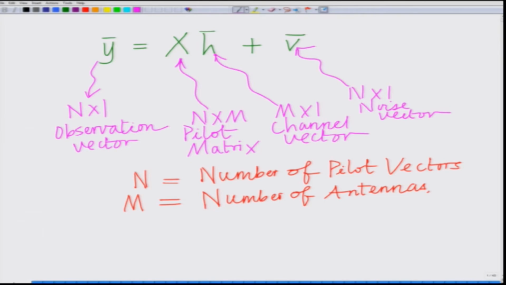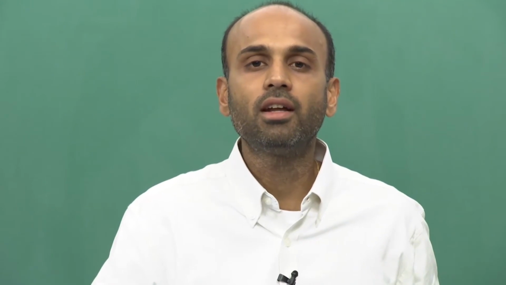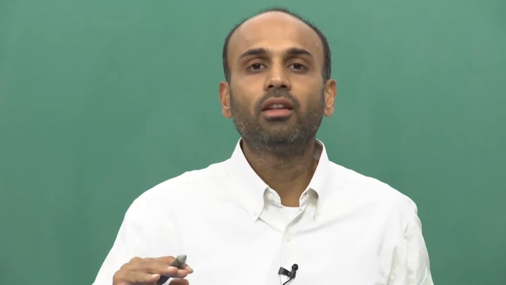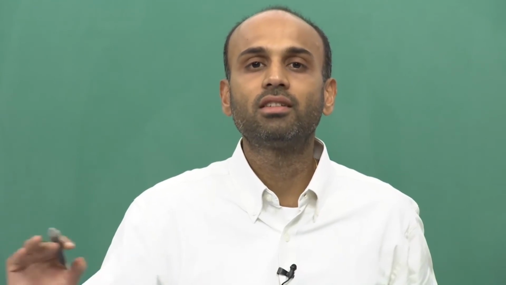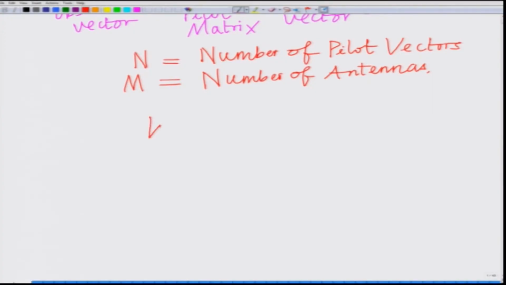It contains the M channel coefficients, one channel coefficient corresponding to each transmit antenna and the single receive antenna. Alright. So, for instance, if you consider the ith transmit antenna, the channel coefficient between the ith transmit antenna at the base station and the single antenna of the user is denoted by the coefficient Hi. Okay. So, H bar is this vector parameter, that is what we are talking about.